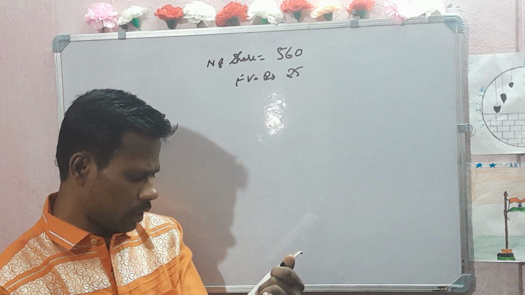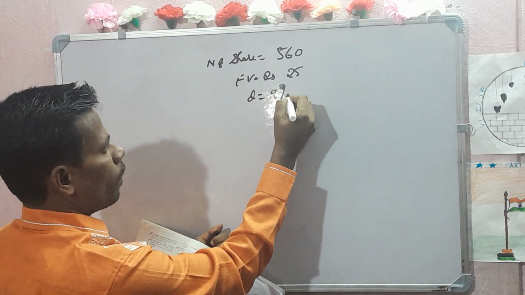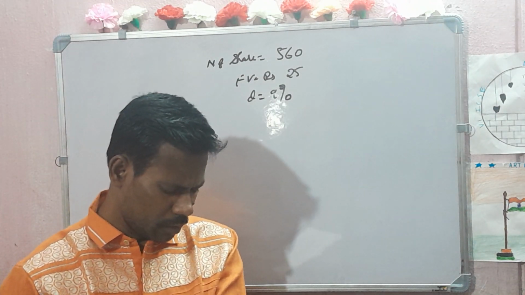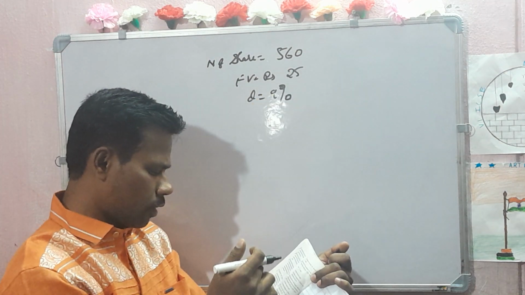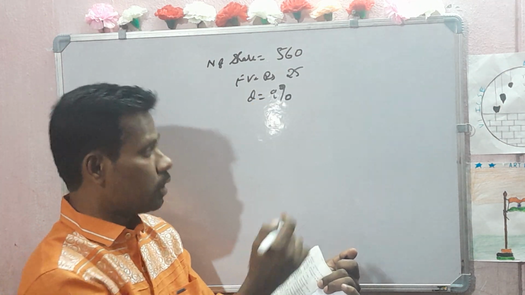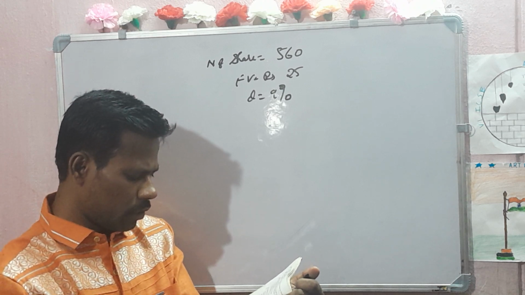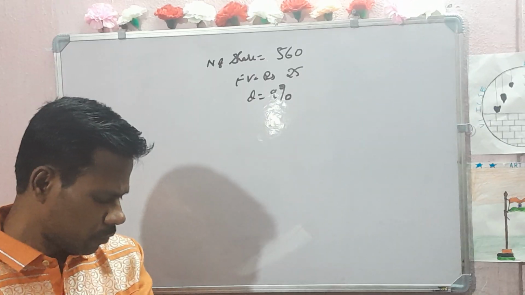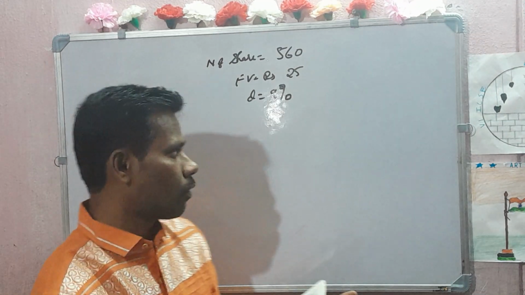The company declares a dividend of 9%. Arun owns 560 shares of the company. The face value of the share is 25. And the company declares a dividend of 9%. Calculate the dividend Arun would receive.